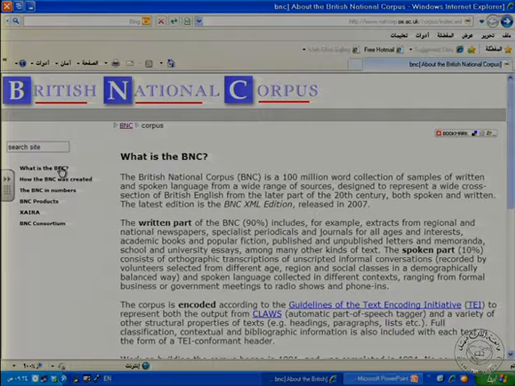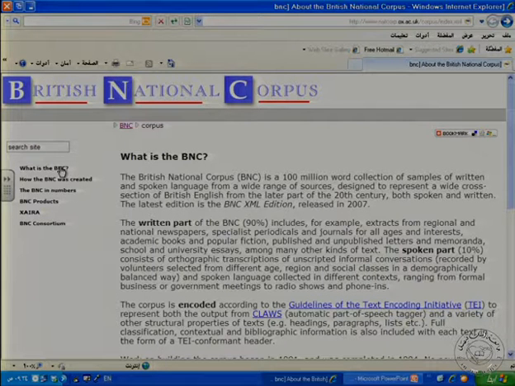So you see the description of the corpus. It's parallel to what we talked about previously in lectures 9 and 10. We said we should define important information about our corpus. Is it spoken and written? Here it is spoken and written.